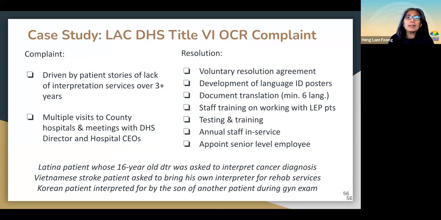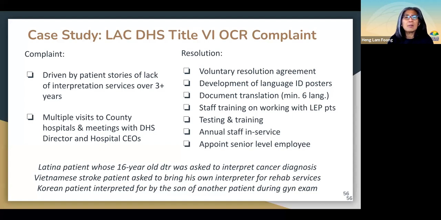Thanks, Joanne. I'm taking this slide because this was a complaint that we filed on behalf of a patient many years ago. And I wanted to share some of their voices here in italics at the bottom, right? We worked for 3 years to try and get multiple county hospitals to offer interpreters to these patients that they were treating.